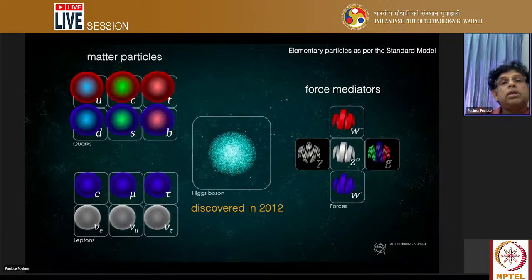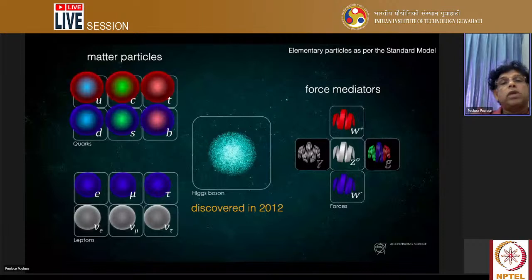Later we found particles made of these quarks. The S quark is called the strange quark, and there are mesons and baryons made of strange quarks.